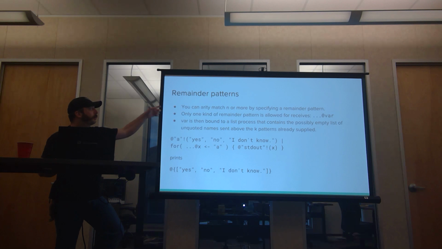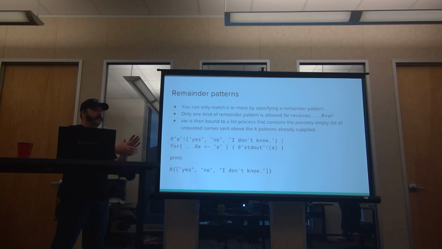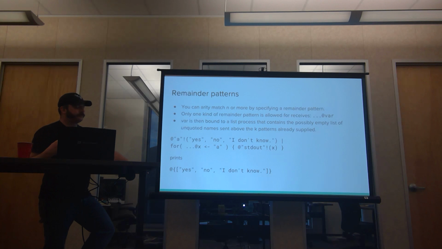All right. One of the other things that you can do is a remainder pattern. So you can say, I want this method to fire if I get n or more items. A good example of this feels a lot like printf in C, where it's required to pass a string and then a variable number of arguments after.